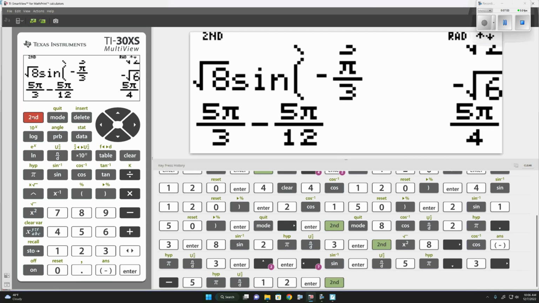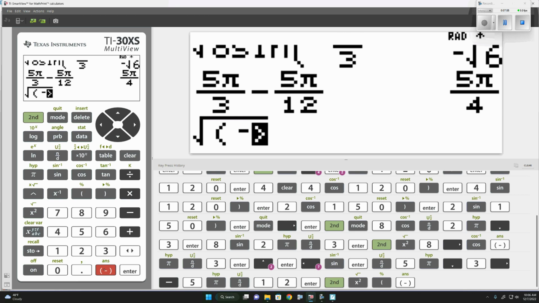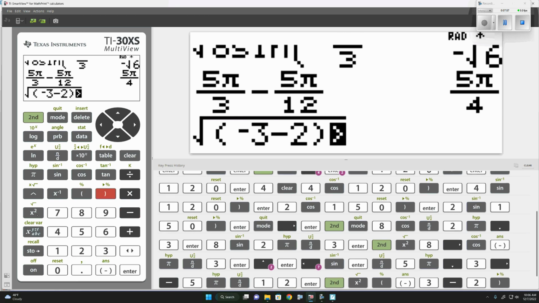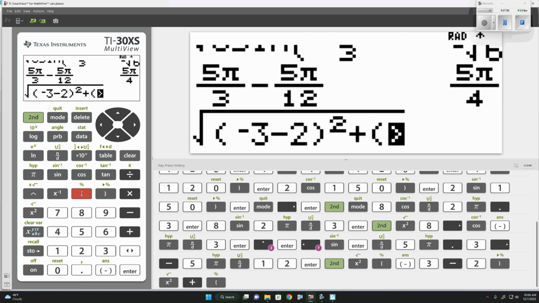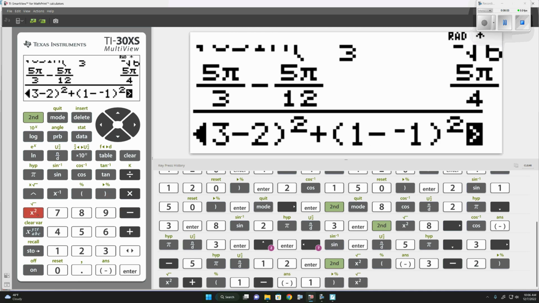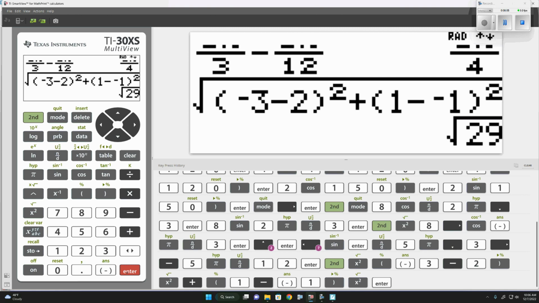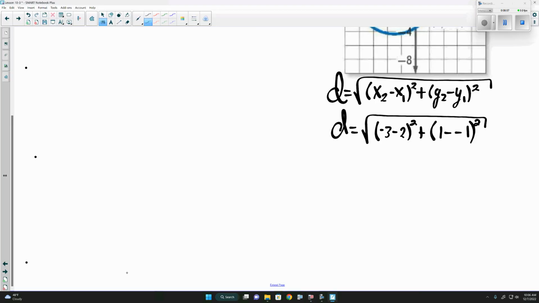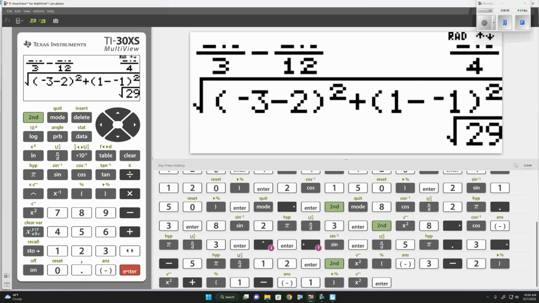So we can say the square root of -3 minus 2 squared plus 1 minus -1 squared. So we can plug it in a calculator, let it do the work for us, and it's the square root of 29.